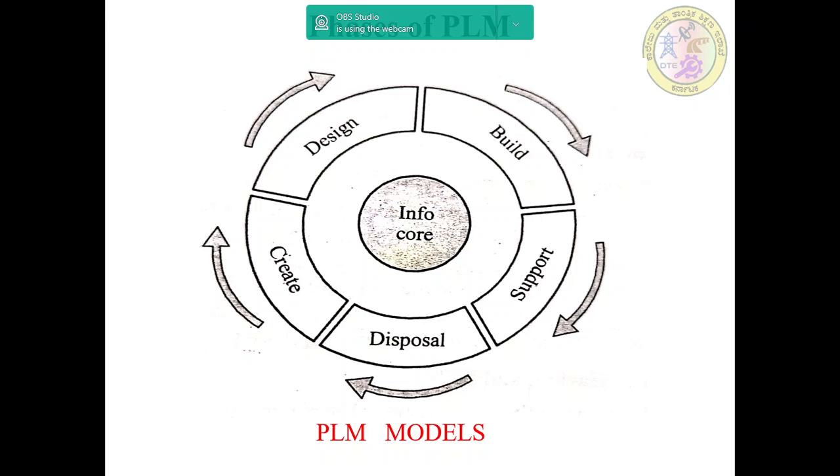We'll discuss the model one by one. First we'll take create. Here this is the information core inside, and all the phases are structured around this PLM model. First one is create. In create, the first phase starts with the product requirement analysis and planning. For example, the functions the product must perform, its features and the requirements the product must meet.